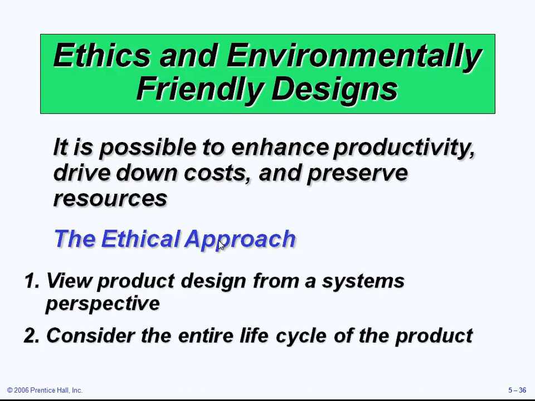During production and design, and looking at how we can develop the product, we need to look at some of the ethics and environmentally friendly designs or approaches or capabilities of development. For example, we view product design from a systems perspective, and we consider the entire life cycle of the product.